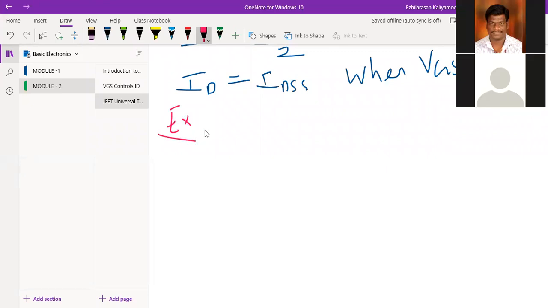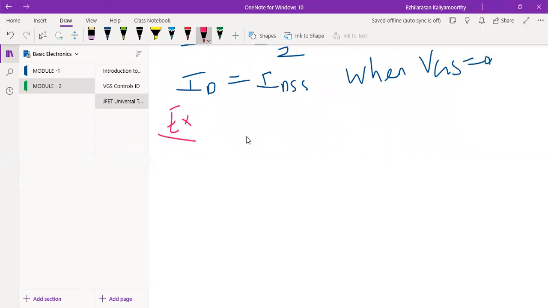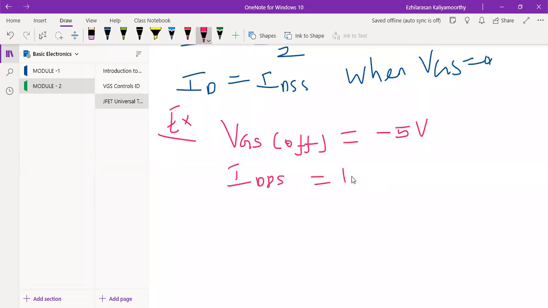For a specific JFET, VGS off is equal to minus 5 volt, and IDSS will be equal to 12 milliampere. This value is given in the data sheet.